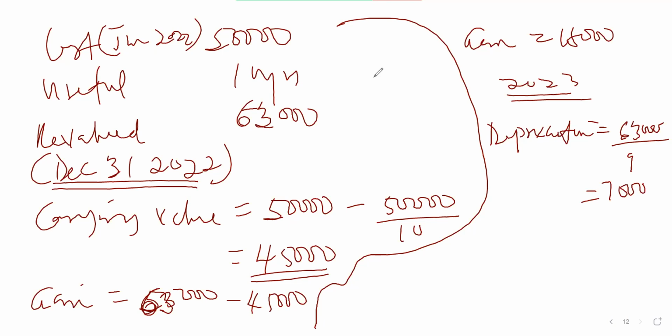What is causing the increase? The revaluation. In actual sense, the excess 2,000 should have been treated in which account?